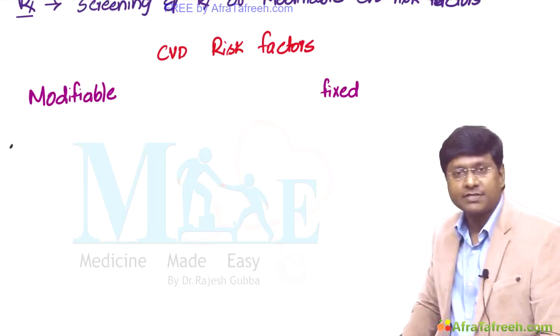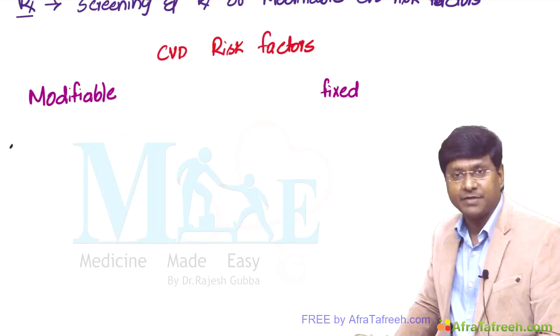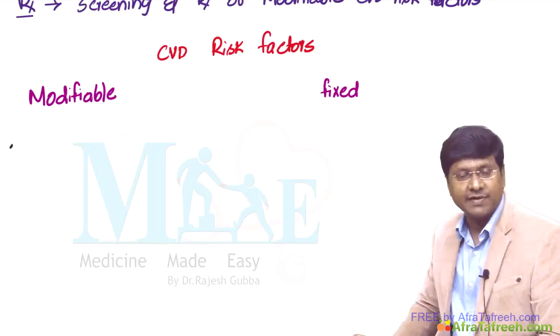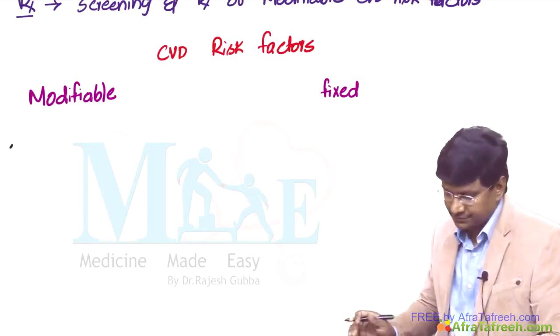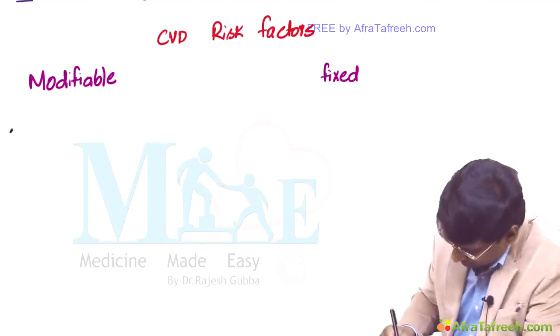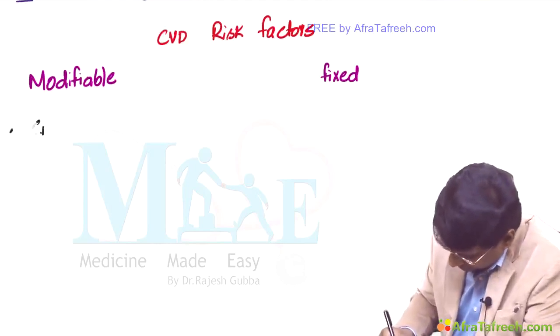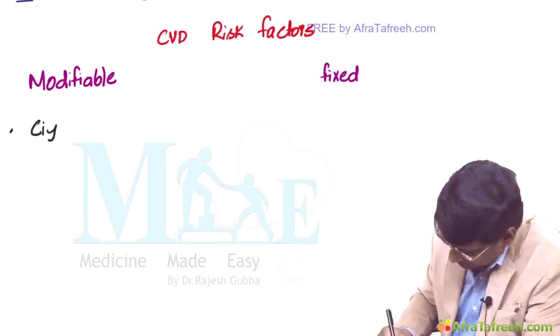If you see the modifiable risk factors, cigarette smoking is a very important risk factor which is associated with the development of hypertension. It is a modifiable risk factor. You advise the patient to stop smoking. That can be one part of the management of hypertension, right?